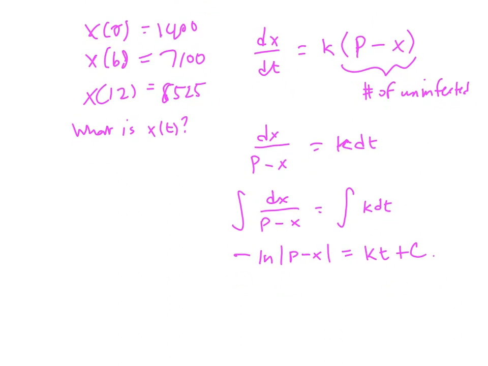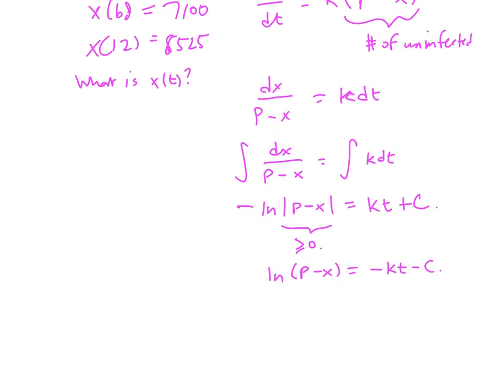If I manage that a little bit using algebra, first of all, P minus x, if x is the number of people who know the rumor, is always going to be greater than or equal to 0. You'll never have a negative number of people who don't know the rumor. So I believe I can drop that absolute value and just say natural log of P minus x is equal to negative kt minus C. I just move the negative sign over to the other side. Now, if I exponentiate both sides, just stick a big old e under there.